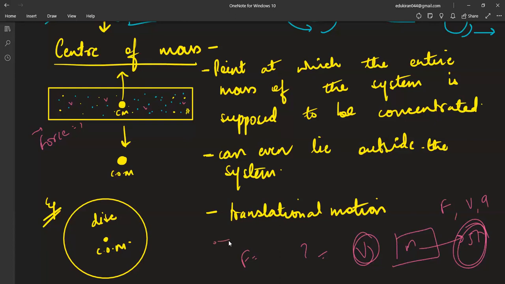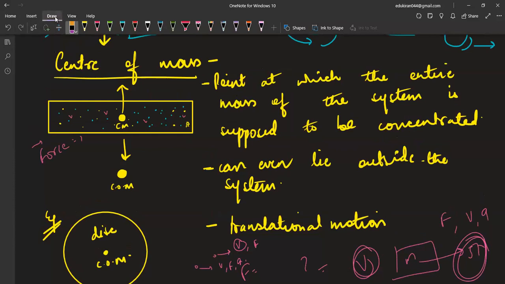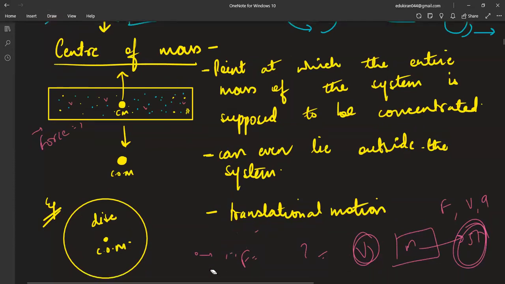Every particle will have a different velocity, different force, different acceleration. So how can you decide which particle's velocity will be considered as the answer for the entire block? It's obviously difficult for us to calculate all the particles present within the object.